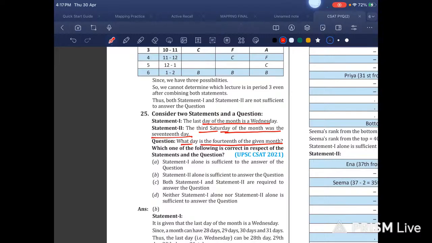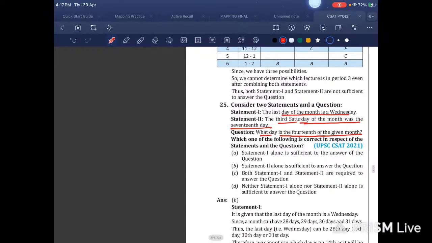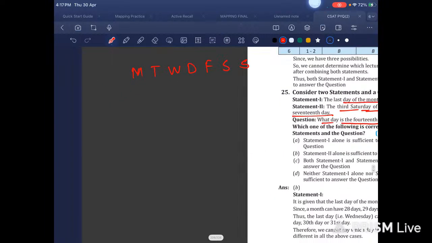It is asking that the last day of the month is a Wednesday. Last day of a month. So it is like this: Monday, Tuesday, Wednesday, Thursday, Friday, Saturday, and this is Sunday.